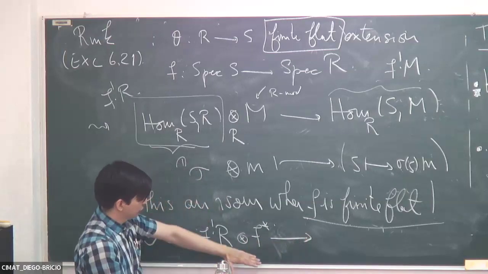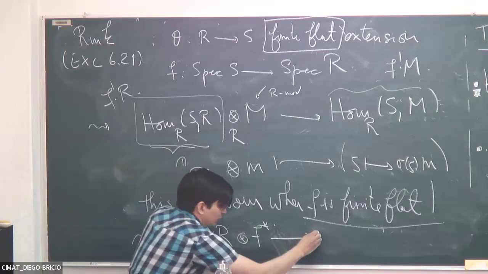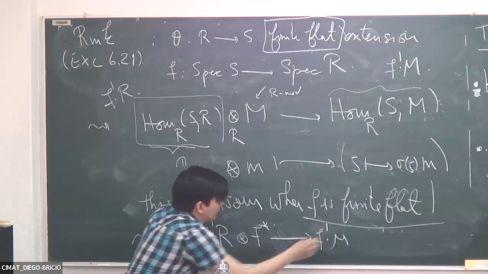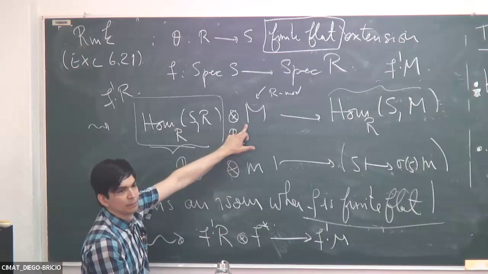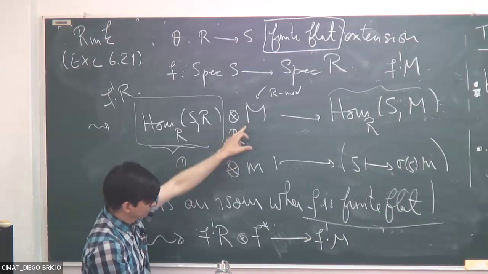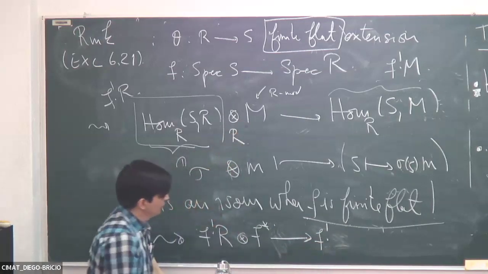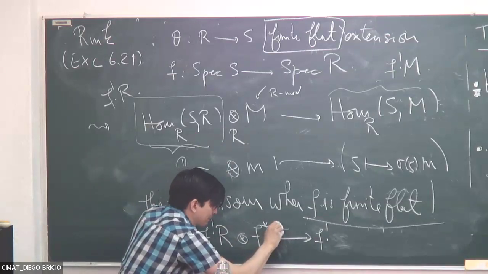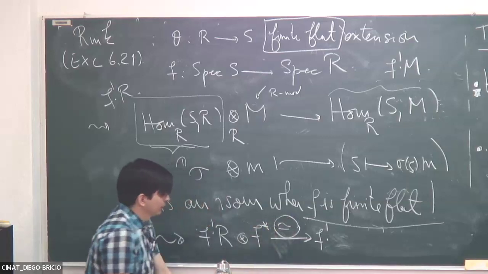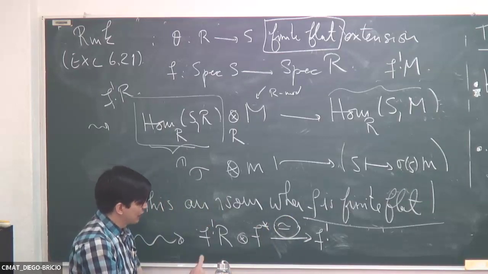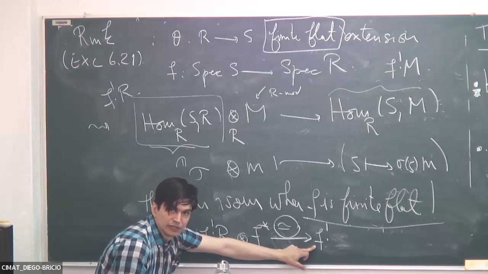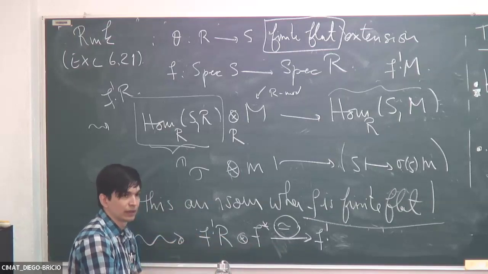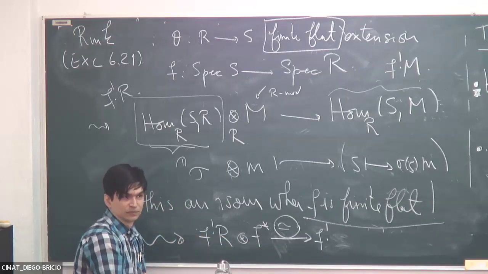So there's a natural transformation from this functor to this one. So I'm saying that this is natural on M. Okay? Oh, F upper streak. And when F is finite flat, this is an isomorphism. In other words, when you have a finite flat extension, upper streak is completely determined by pullback. That's it. Okay?